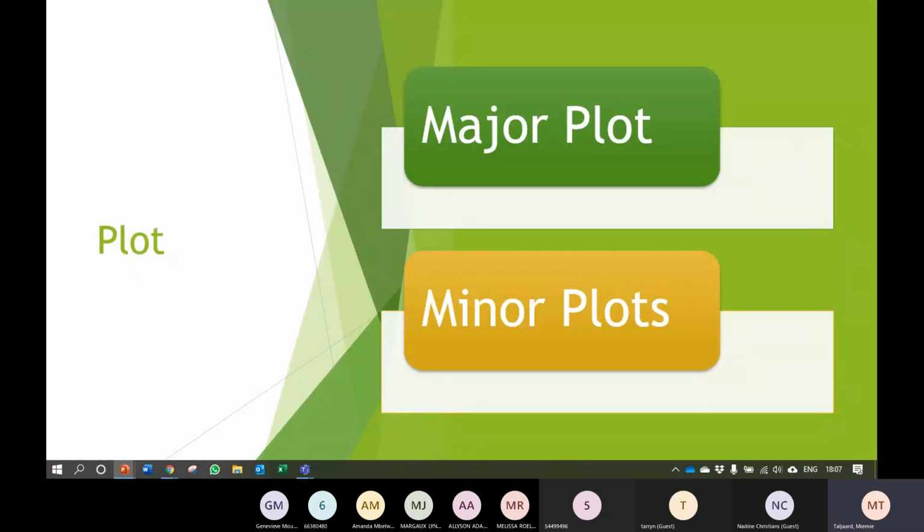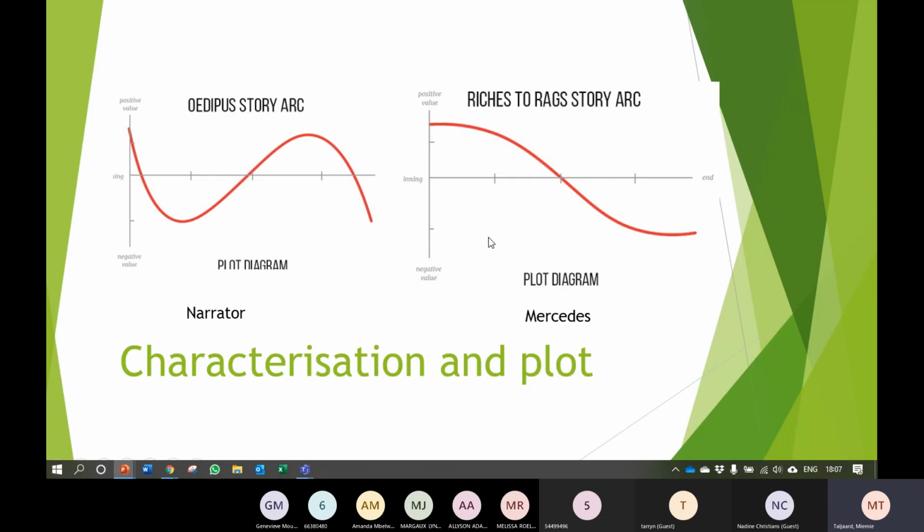Now, within the plot of a story, we have a major plot and we have several minor plots. And sometimes in your answer, you will have to refer to both. If we look back, remember we spoke about the different storylines.